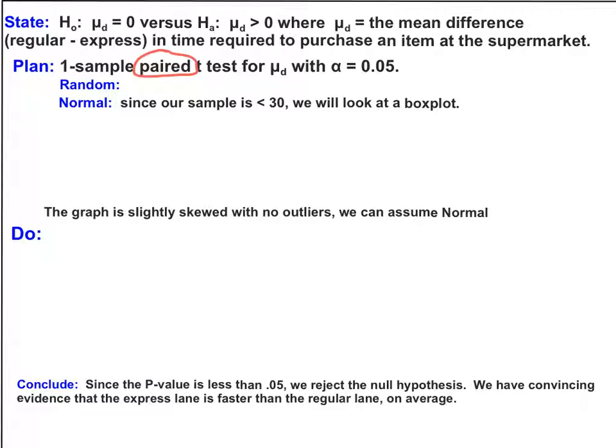Remember, matched pairs is where a subject or an experimental unit gets both treatments, more or less. And here, each of the set of groceries in random order gets both treatments. They get checked out with the regular lane and the express, but that data is paired together. That's why we had to take differences and then do the average. Okay?